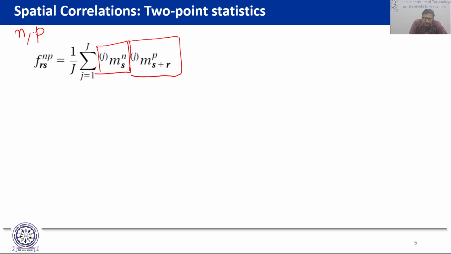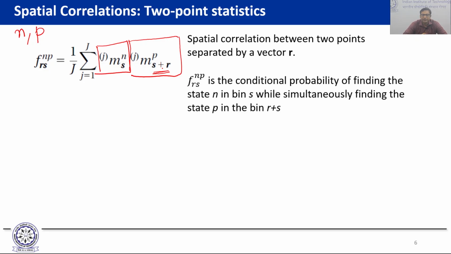One is N and the other is P. And furthermore, I am trying to look at how well they are correlated when they are separated by a vector of dimension R. So this is essentially going to give me the spatial correlation between 2 points which are separated by a vector R.